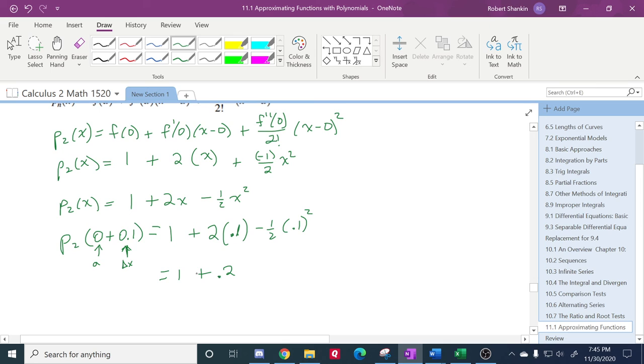That's what we would have estimated if we were just staying on the tangent line. But we get this extra little bit of correction. Now this is 0.5, and this is 0.01, so it's 0.005. And so then, I'm going to pull out my calculator. 1.2 minus 0.005 is 1.195.